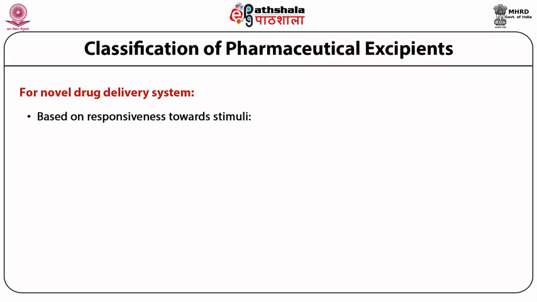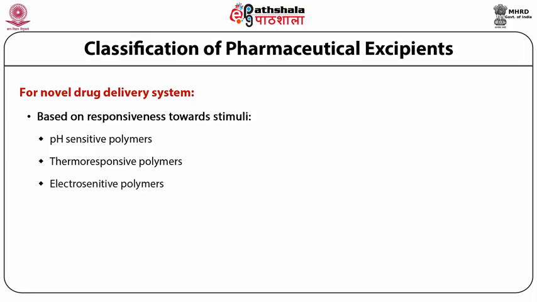Based on responsiveness towards stimuli, they could be pH-sensitive polymers that respond to changes in pH, thermoresponsive polymers responsive to temperature changes, electrosensitive polymers responding to changes in electrochemical gradient, and photoresponsive polymers that are sensitive to light.